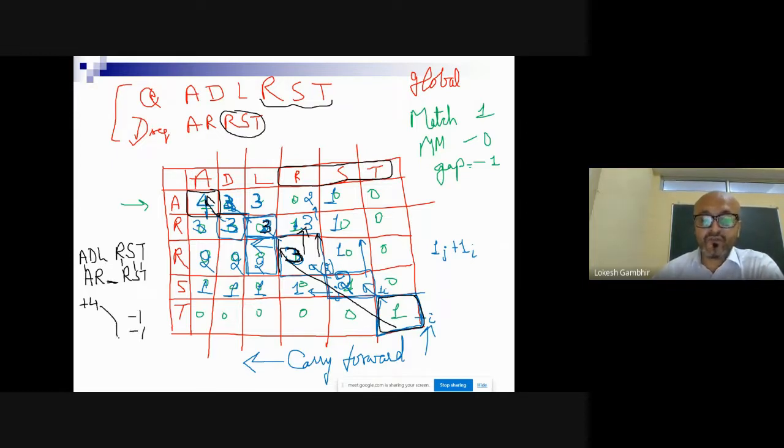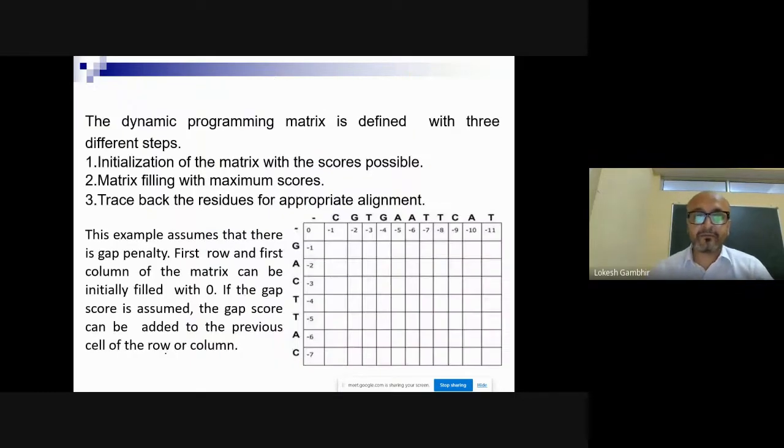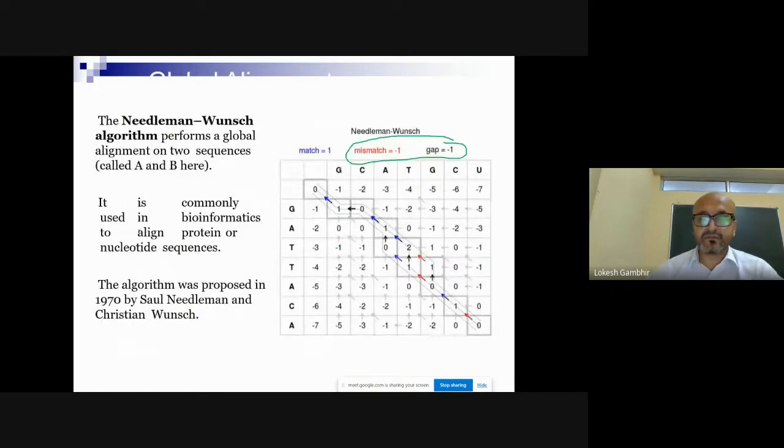So the net score will be +2. And if I am using mismatch as 0, the net score will be +3. And this is how different tools based on the Needleman-Wunsch algorithm are performing this particular alignment. And that, in a nutshell, is what we have discussed in this particular slide, that you have to go ahead and label it.